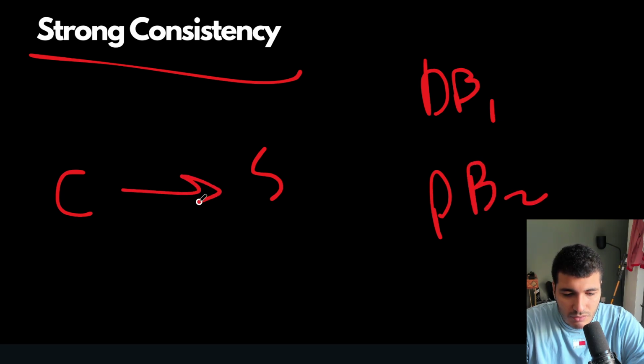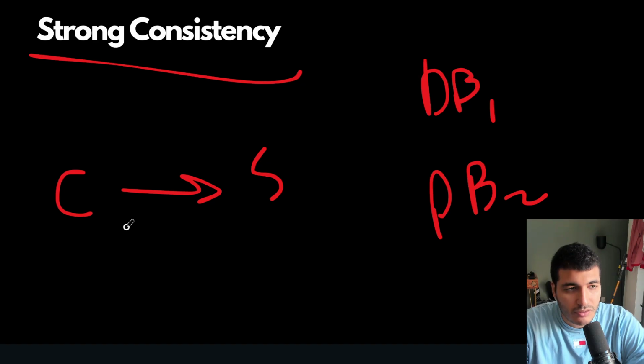When the client sends a write operation, for example an update to a database record, and it is acknowledged as successful, then all subsequent read operations, no matter which server they hit, are guaranteed to see the most recent written data. There is no delay. All replicas are immediately consistent.